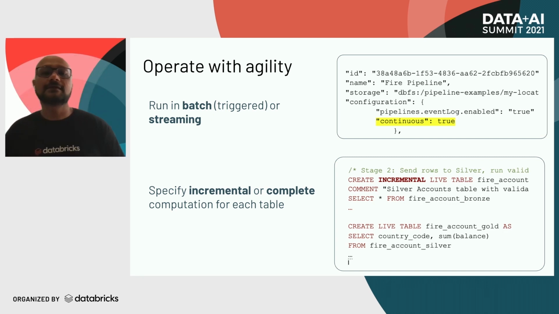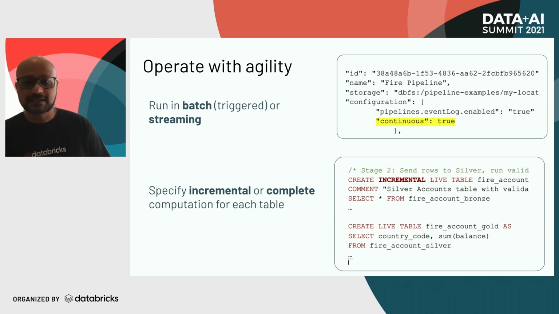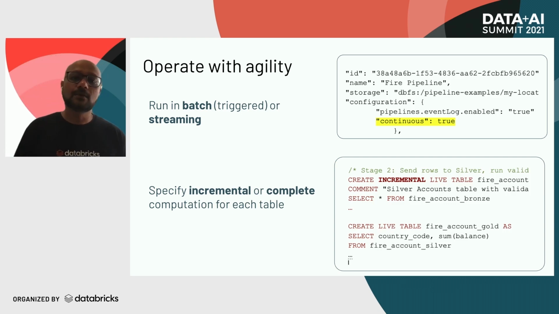Another interesting thing we have added is the ability to do either incremental or complete computation for each table. Most of the data that you process in the data lake is incremental, meaning that you only want the change records that are coming into the system to be read and processed, because you've already processed the data through the days. You don't want to recompute everything.